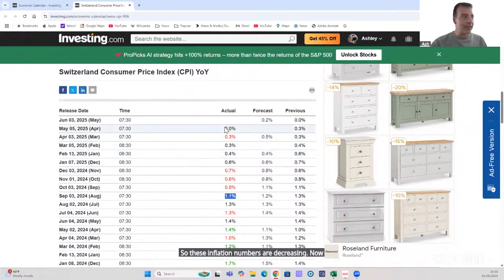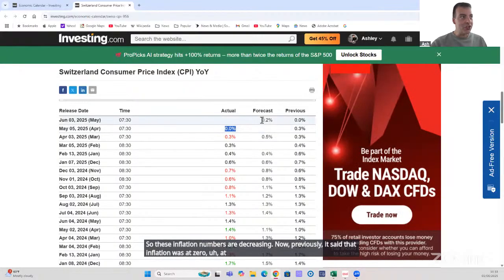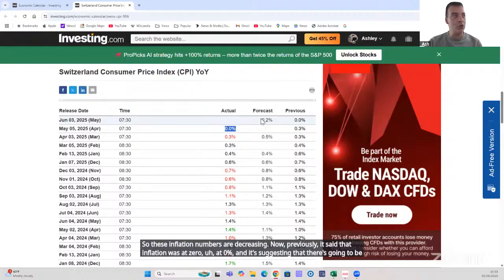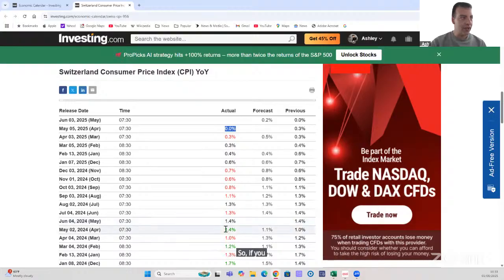Now, previously, it said that inflation was at 0%, and it's suggesting that there's going to be a 0.2% increase in inflation. So if you look at taking this one off and this one off, this is the new one to come off, that was a climb. Sorry, that was stable.